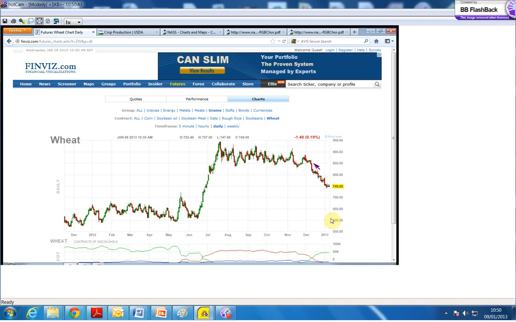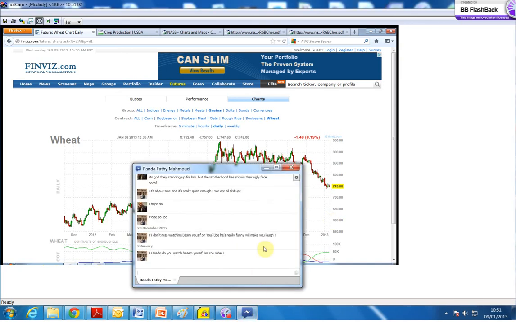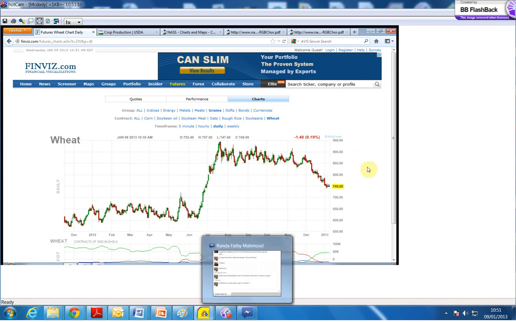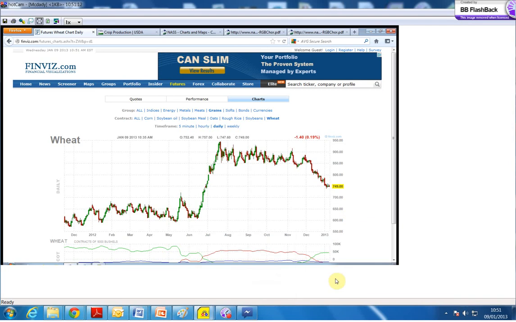And as you can see, just looking at the chart, identifying the structural point is literally a no-brainer. Okay, that is the wheat. So again, you can take it short. In addition, the dollar now is also strengthening.